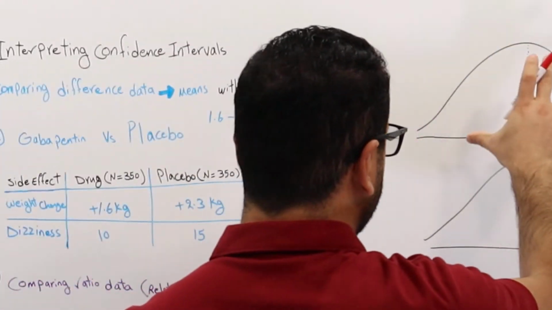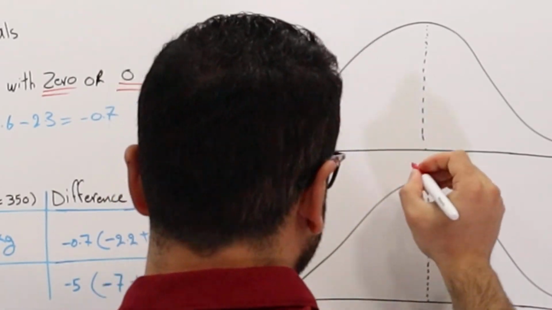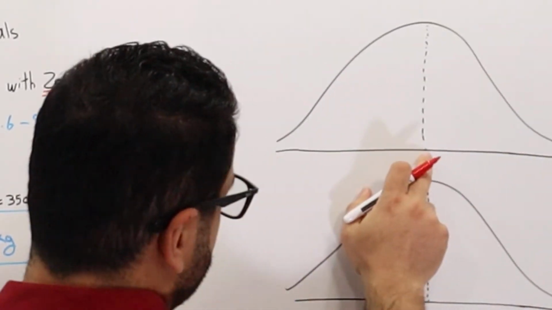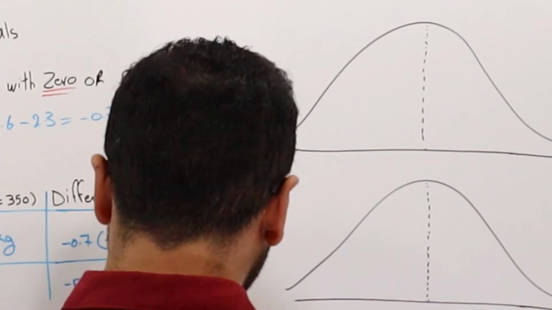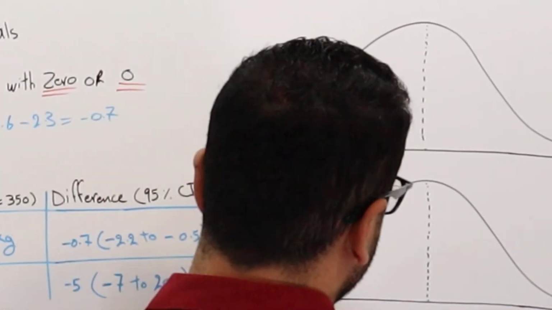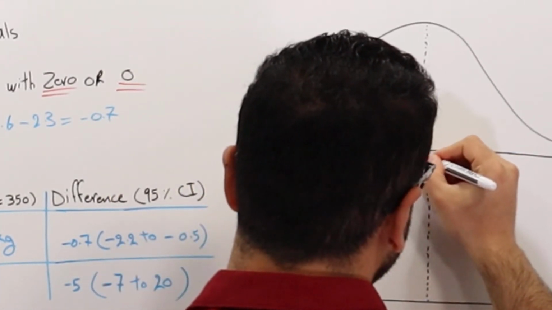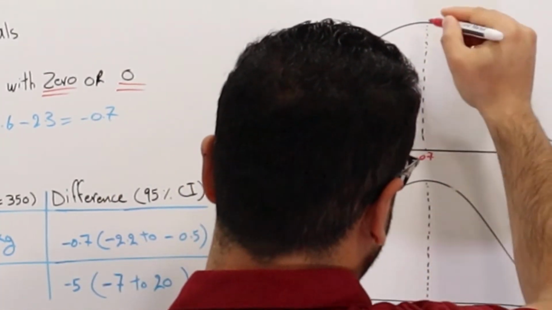So let's draw this over here to better understand. We have the mean. So we said this is the mean, right? This would be the mean over here in the middle. In this case, the mean is negative 0.7. This is the mean, okay?